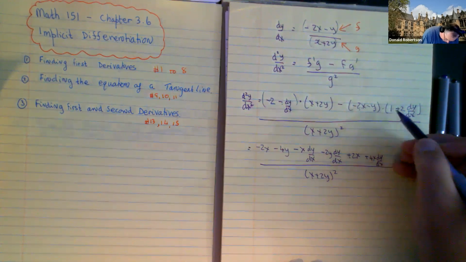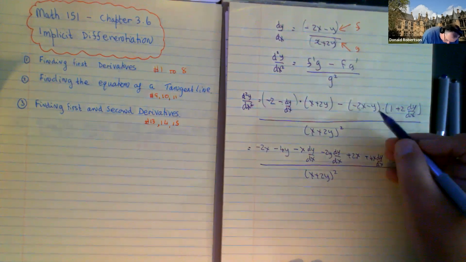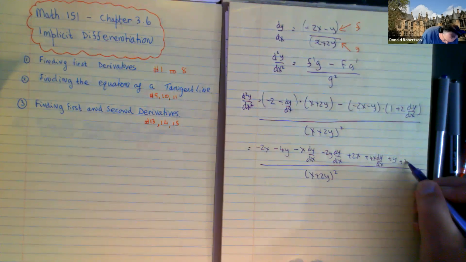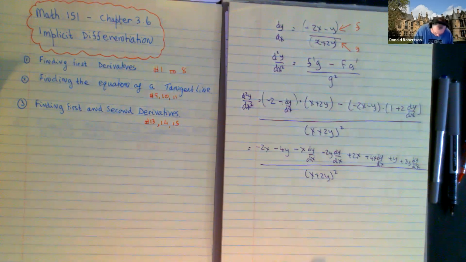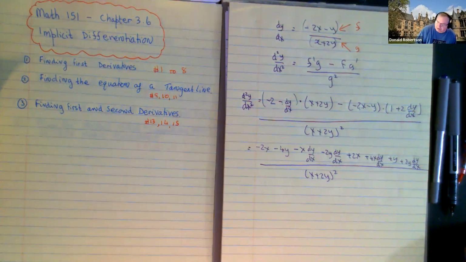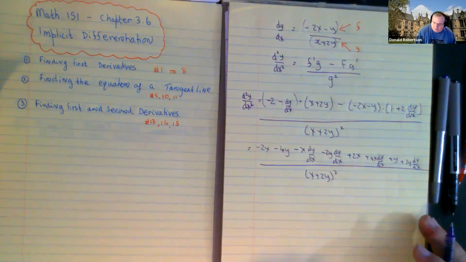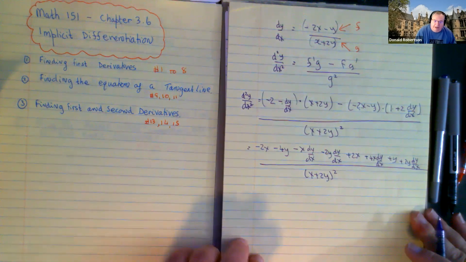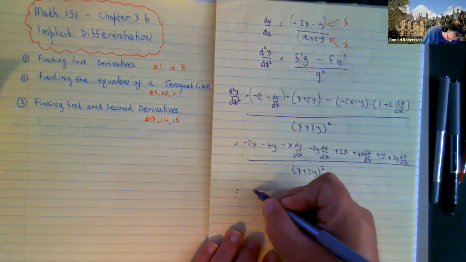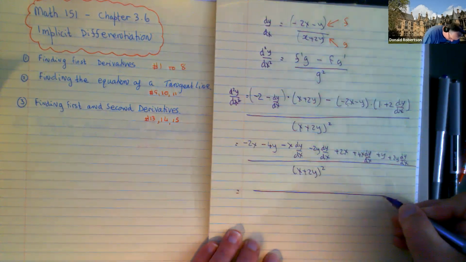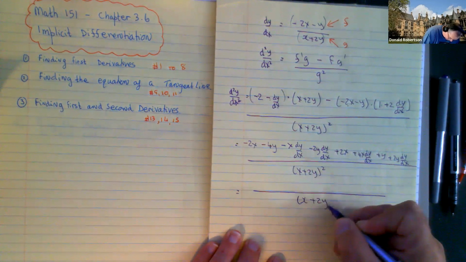If you do that one by that one, you get a plus y. If you do that guy by that guy, you get a plus 2y dy by dx. Are we good so far? There is nothing pretty about this expression. And you've got 3 of them to do, so have fun when you get to do the others.